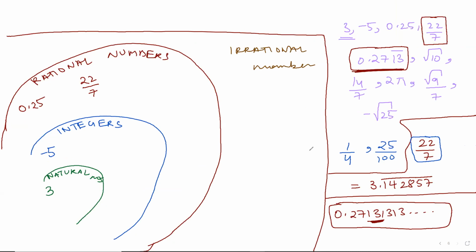Ma'am, it's rational. So I want all of you to now tell me, is the definition of a rational number clear? Yes, ma'am. It's clear. And so now I want you to tell me, if we have a decimal expansion, a decimal number, how will you decide whether it is rational or irrational?